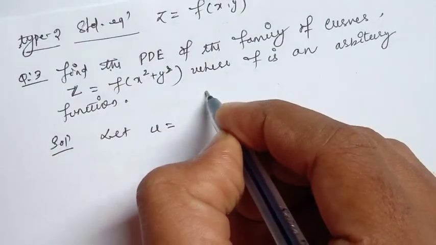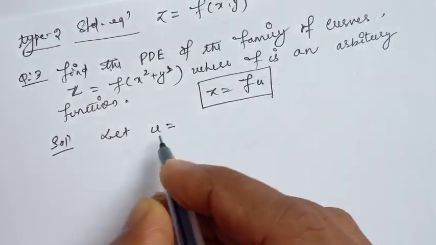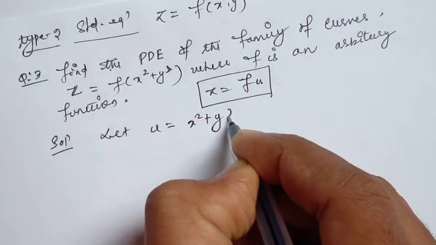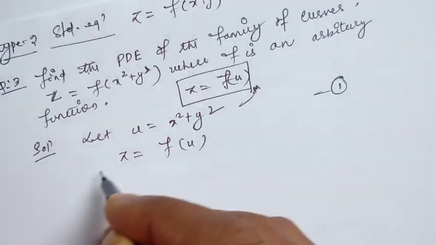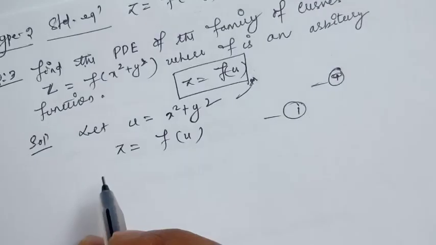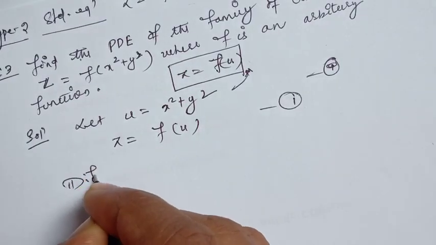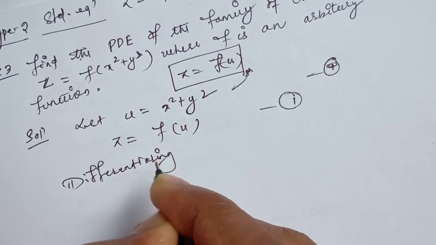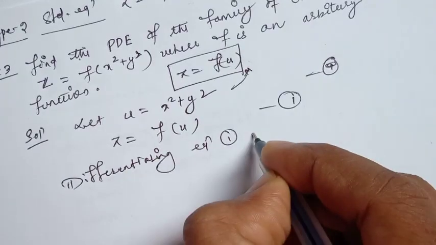The standard form is z = f(u). Here let u = x² + y², so z = f(u). This is equation 1. z = f(u). Differentiating equation 1 with respect to x.